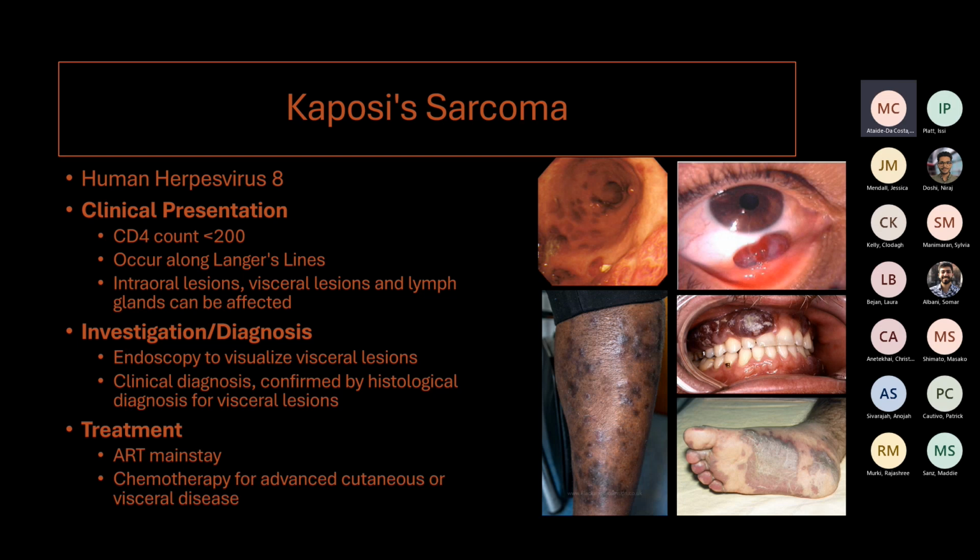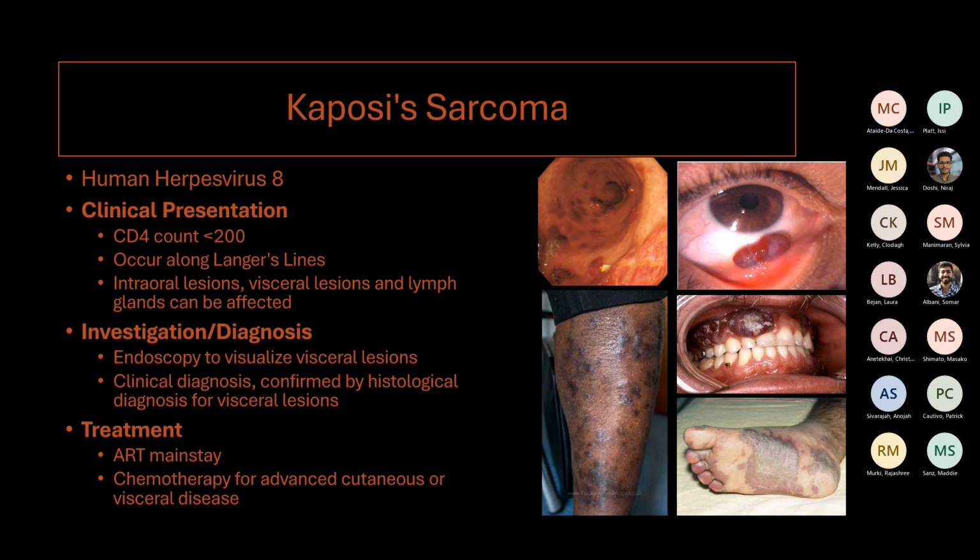You can also get visceral lesions as well. So for diagnosis, you're going to do endoscopy. It's a clinical diagnosis visually. You can biopsy the lesion if you're uncertain what it is, because it can sometimes be mistaken for purpura, but usually purpura isn't as palpable.